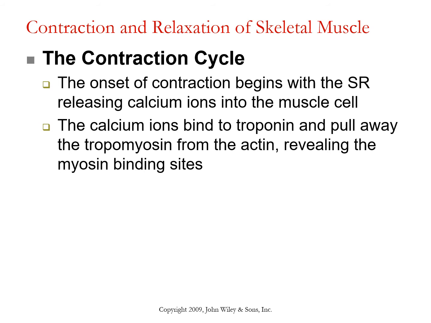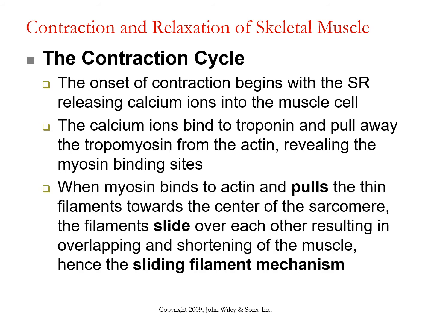As the calcium enters the cytoplasm, it then binds to troponin on the actin. And as it pulls the tropomyosin away from the actin, it reveals the myosin binding sites. Myosin then binds to the actin and pulls the thin filaments towards the center of the sarcomere from either side.